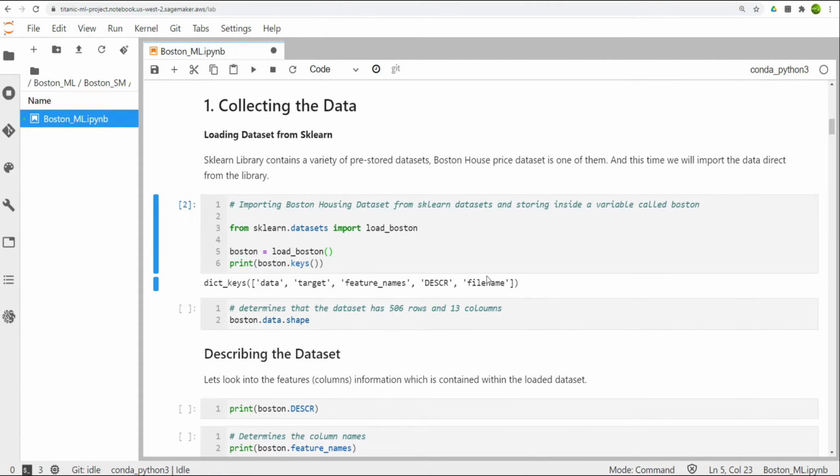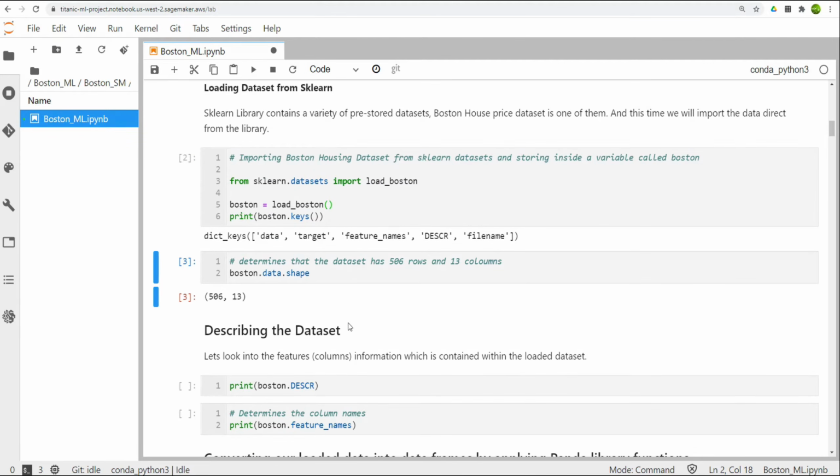If I quickly look at the data and run this cell, you see that we have 506 rows and 13 columns. I would like to mention here that these 13 are all the features, as the target, or you may call the answers or the price definitions, is stored in the target parameter. And that we have seen in the description, it is other than these 13.